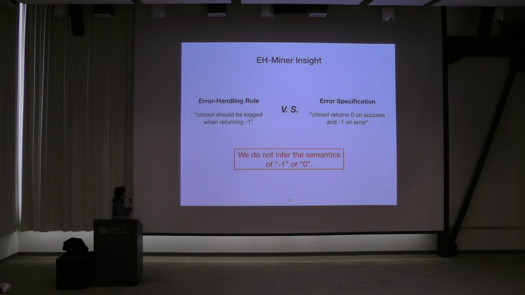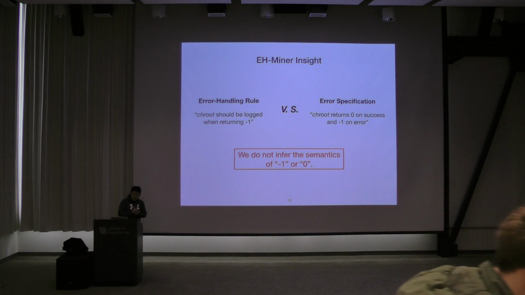An error handling rule is like: chroot should be logged when returning -1, while an error specification is like: chroot returns 0 on success and -1 on error. The fundamental difference is that we do not infer the semantics of -1 or 0.